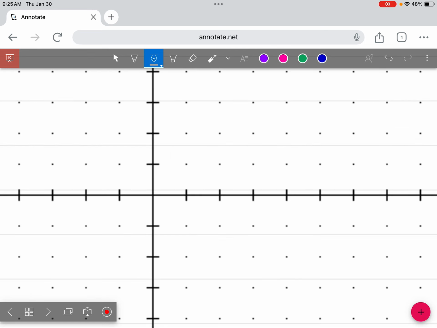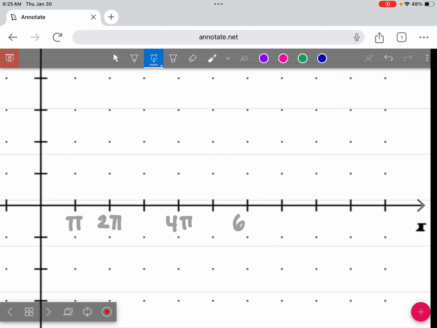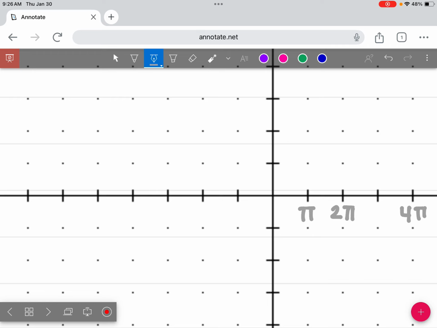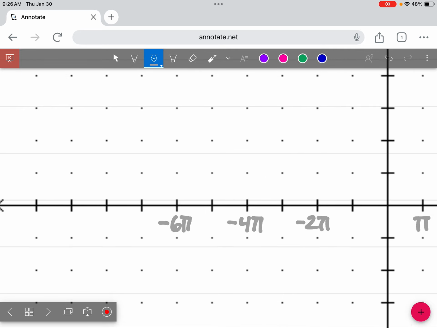So we're going to go with pi and 2 pi. And then I'm going to skip because I don't want to number every single one. There's 4 pi, 6 pi, 8 pi, 10 pi, minus 2 pi, minus 4 pi, minus 6 pi, minus 8 pi.